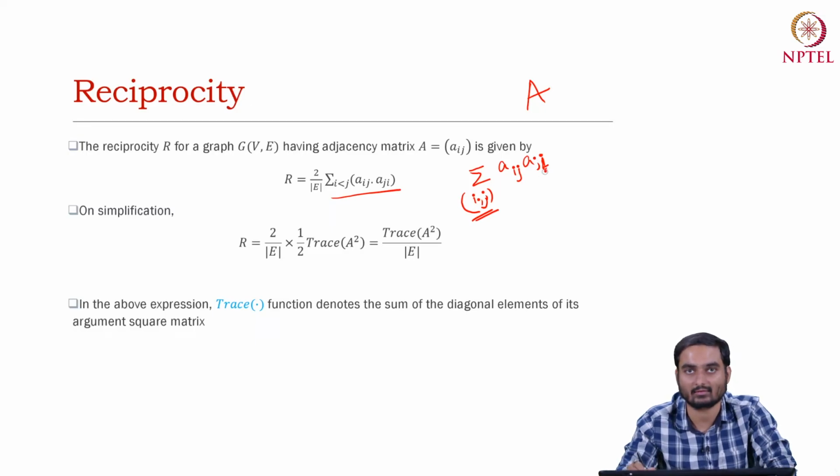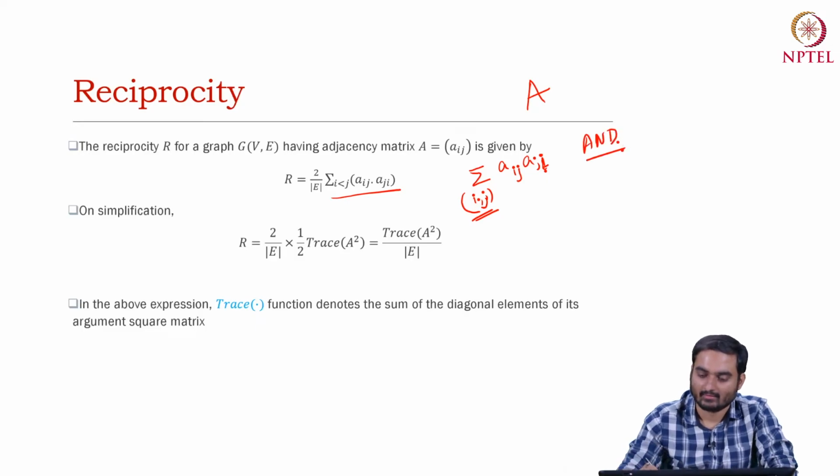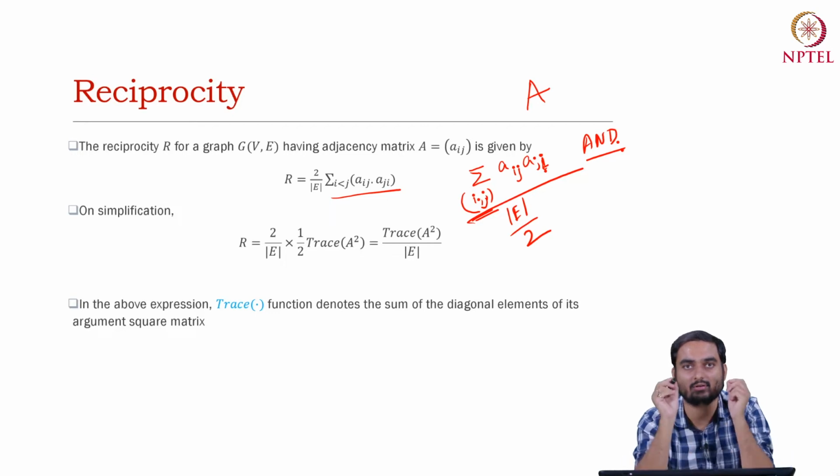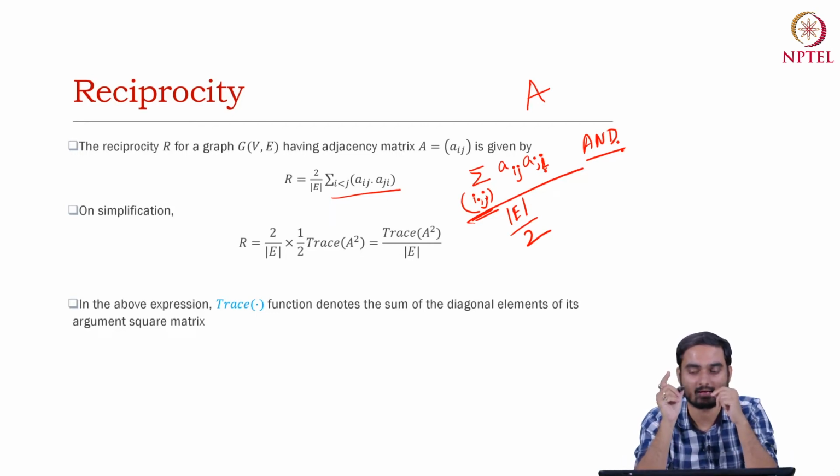If both of them are 1, then it would be 1. It's basically an AND operation. But we also need to normalize it. It would be mod E by 2. Why mod E by 2? Because mod E is the total number of edges, and since one reciprocal edge is formed by 2 edges, mod E by 2 would be the maximum number of reciprocal edges that is possible, right?